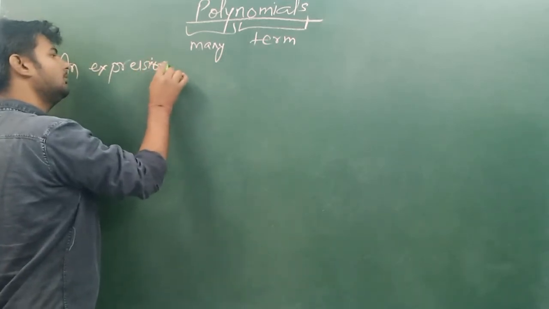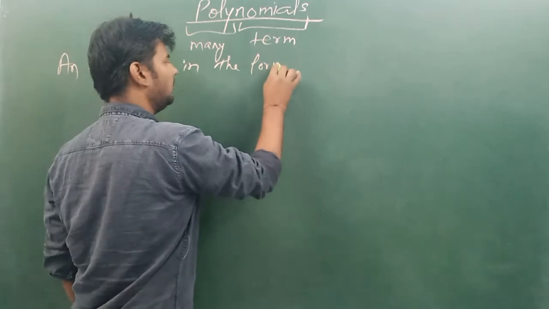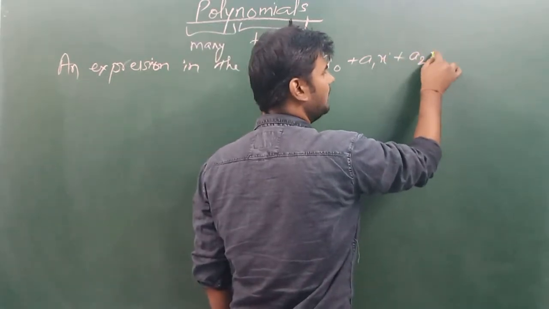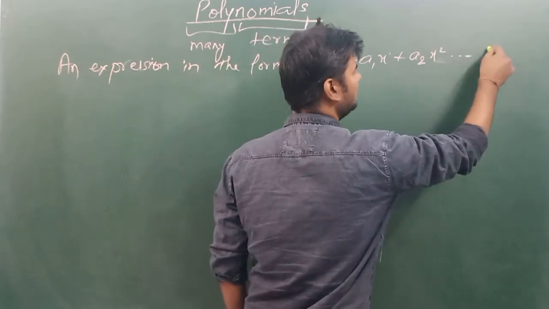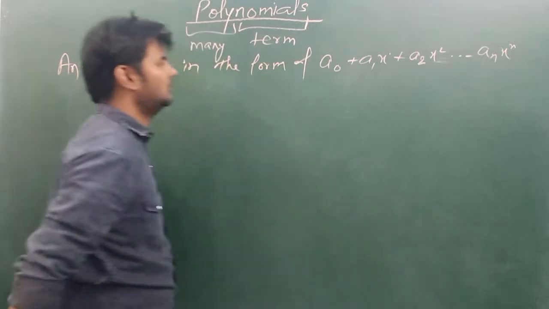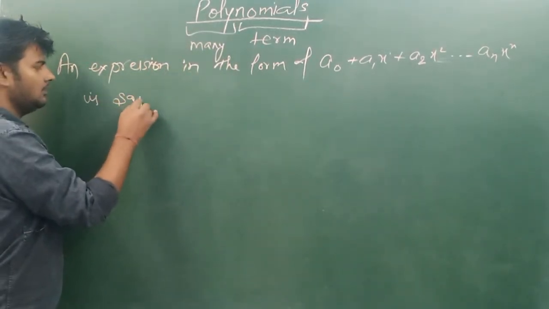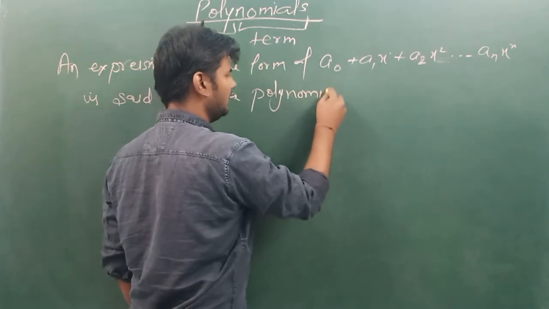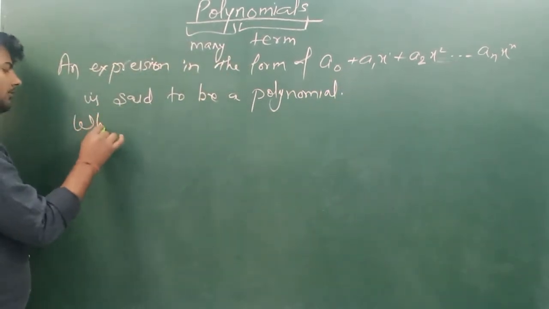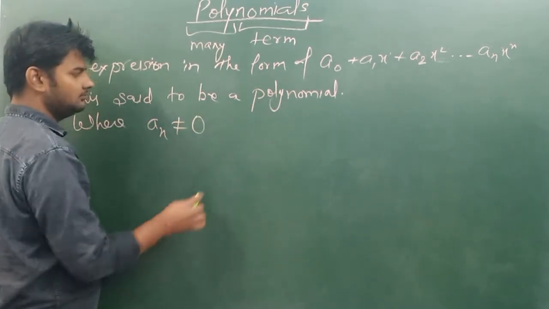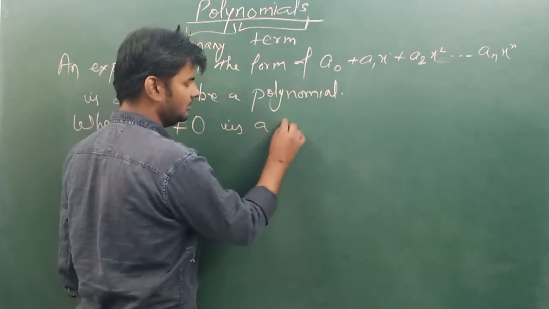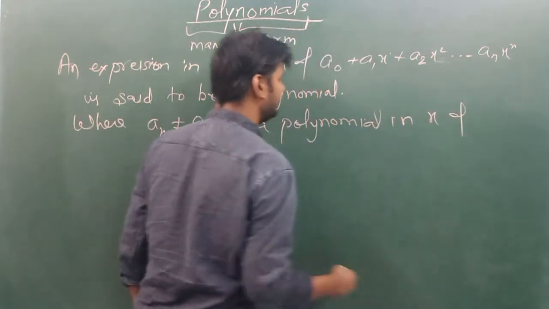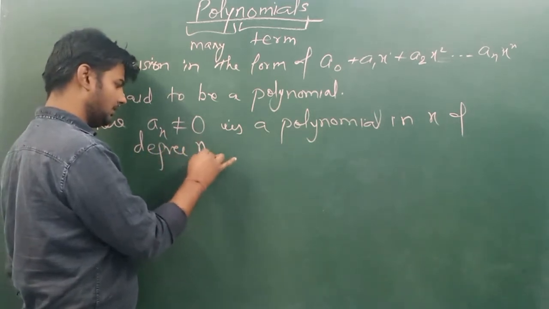An expression in the form of a naught plus a1 x1 plus a2 x2 dot dot dot an xn, where an is not equal to 0, is said to be a polynomial in x of degree n.